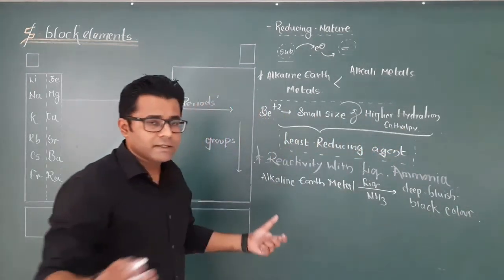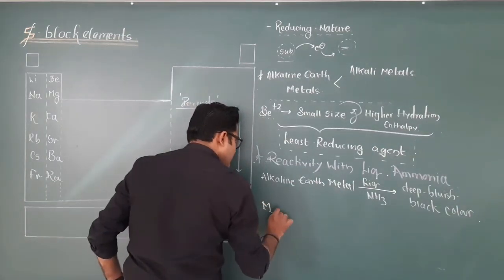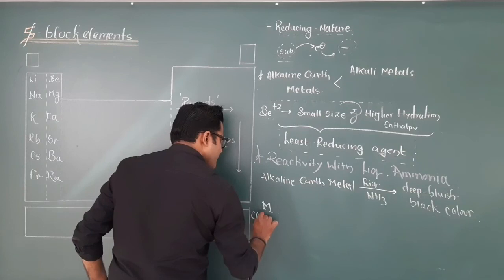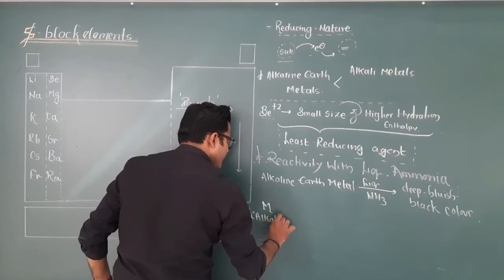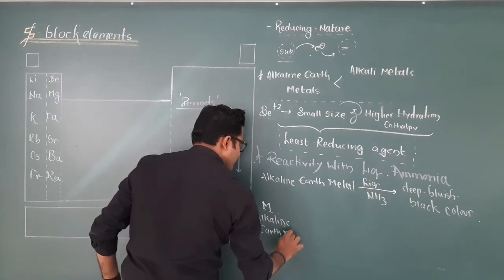And when we observe its chemical reaction, let's say we have this metal which represents an alkaline earth metal.